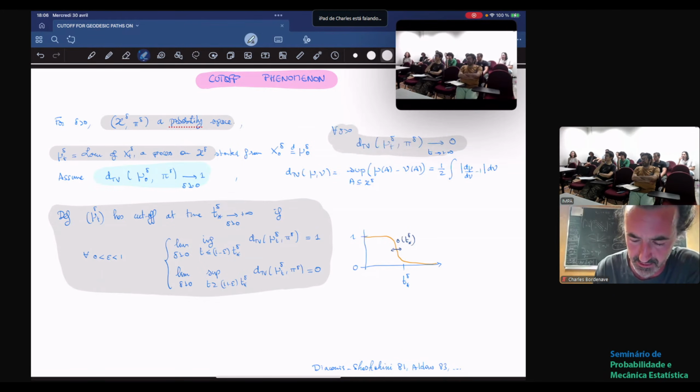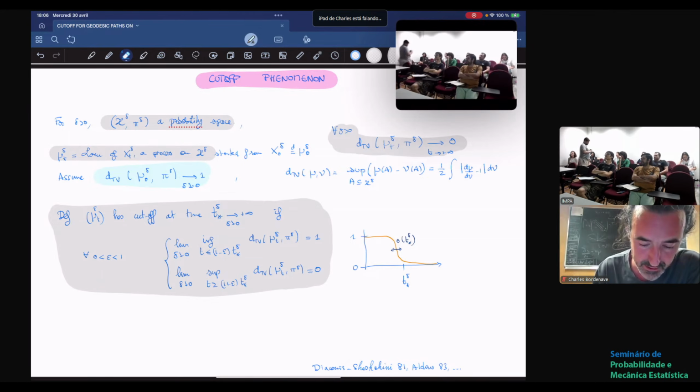So this would be another assumption. And then you will say that your process X_t delta exhibits cutoff at a time t star, which is a sequence indexed by delta.